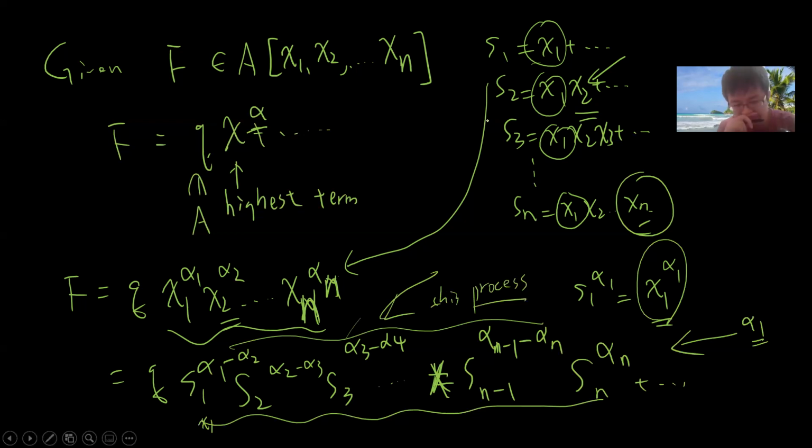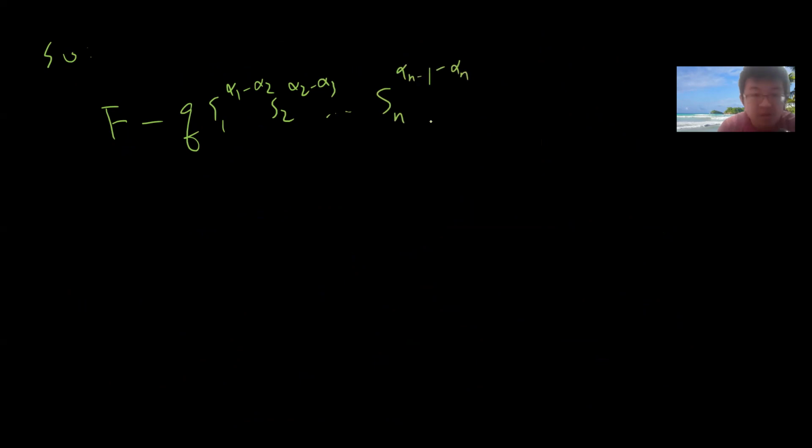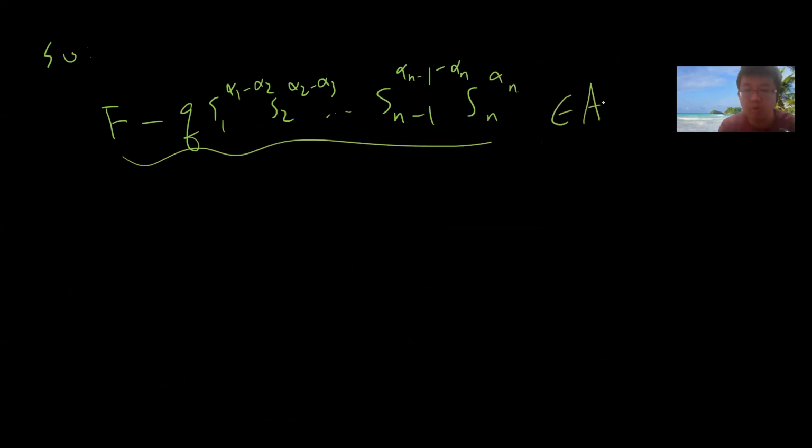let's see. After this process, we eliminate the highest term. So now your f, right? If you use f minus this q times this, after this it still belongs to the symmetric polynomial, right?